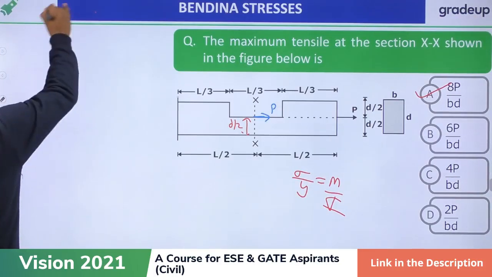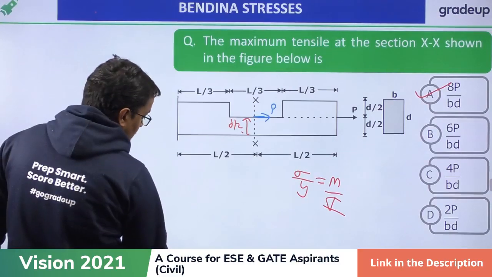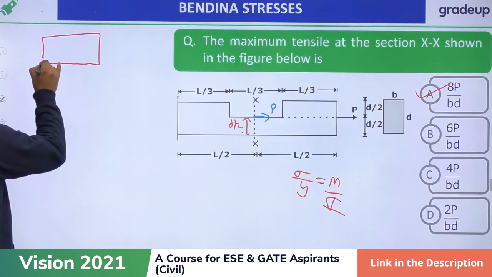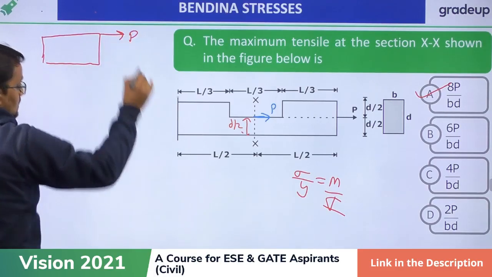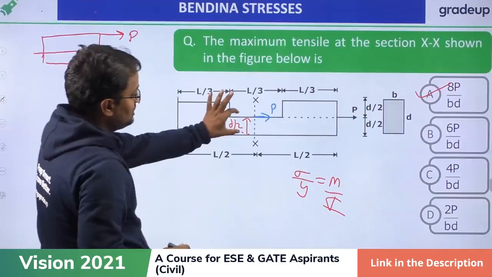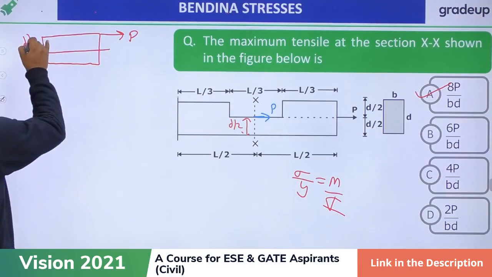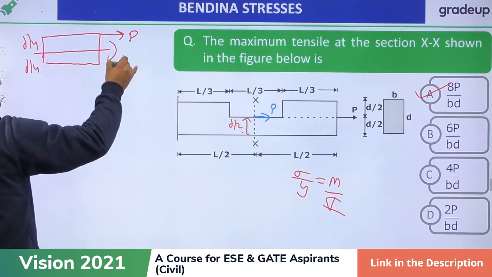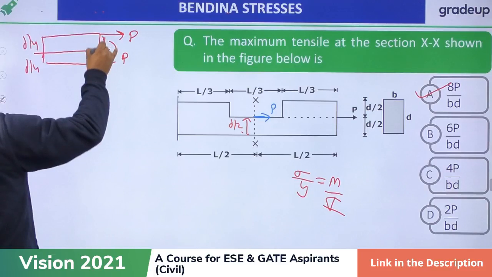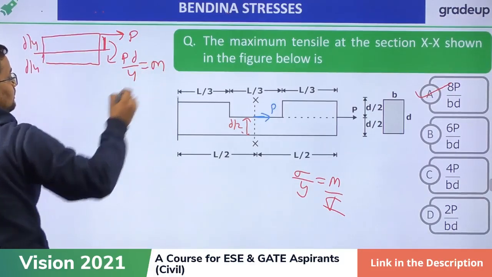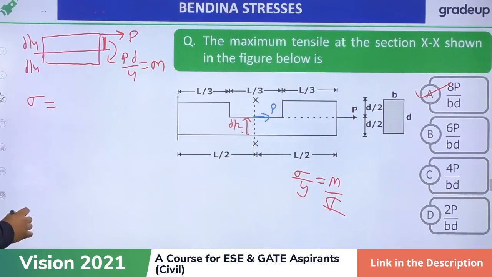If I draw this XX section, there will be P, and the neutral axis will be at the centroid. So this total is D by 2, the centroid will be at D by 4, and P will cause a moment also. How much moment? P into distance. The distance about the neutral axis is D by 4. So P into D by 4. This is the moment also.